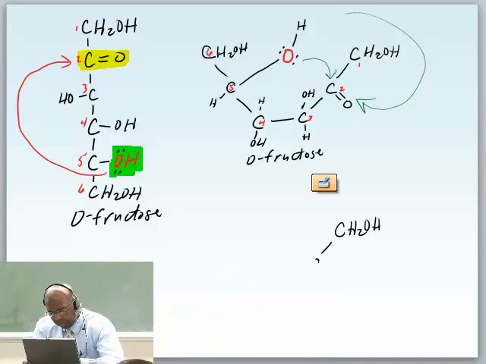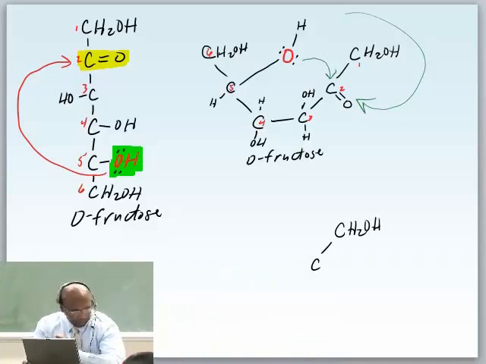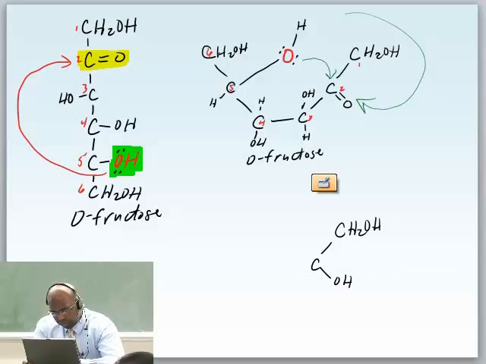CH2OH. COH, it's carbon 2, carbon 1, 2, 3, 4, 5, and 6, CH2OH.